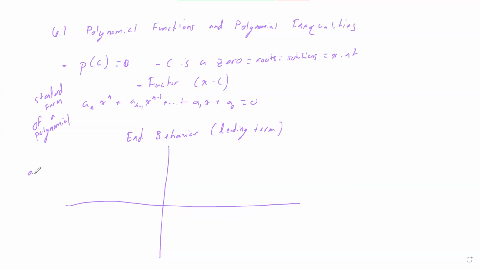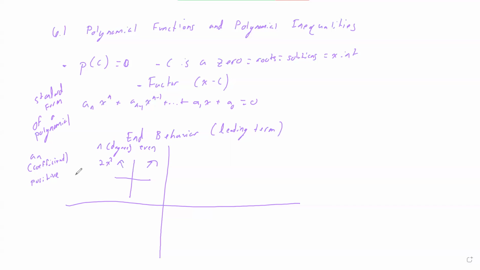So if a_n, also known as the coefficient, is positive, and the n, or the degree, is even, meaning you get something like potentially a 2x squared, the function will start up and finish up.